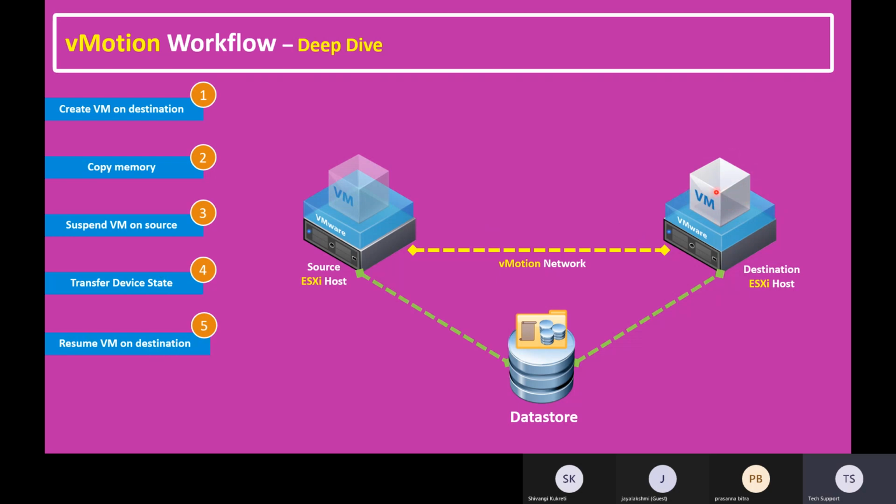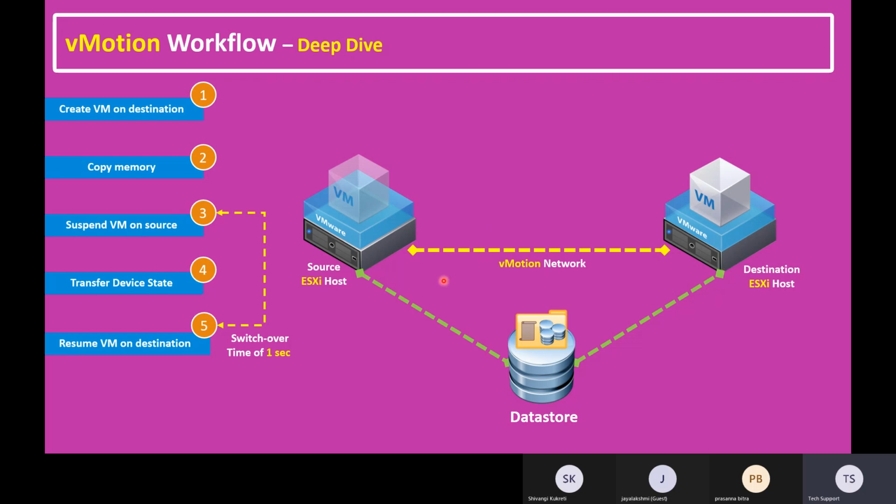This process is called suspending the VM on source and switching over to the destination. What is the switchover time here? Only 1 second. Within 1 second, the virtual machine is completely migrated from the source ESXi host to the destination ESXi host.